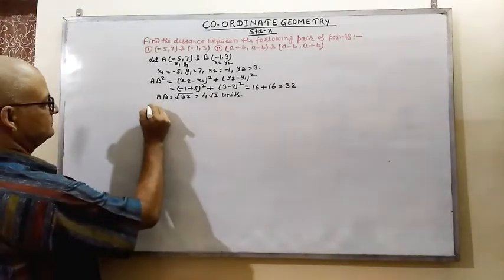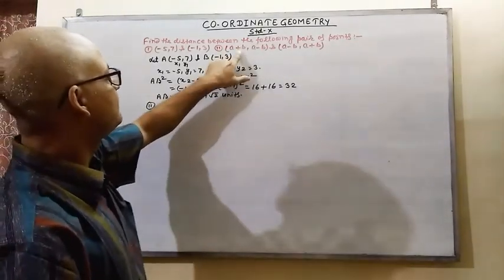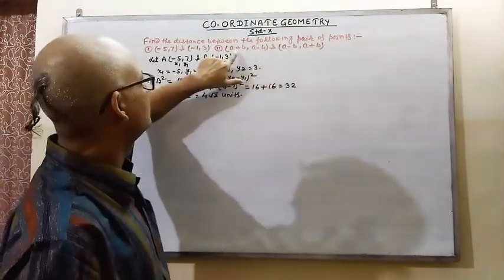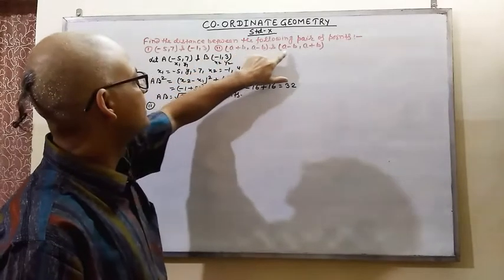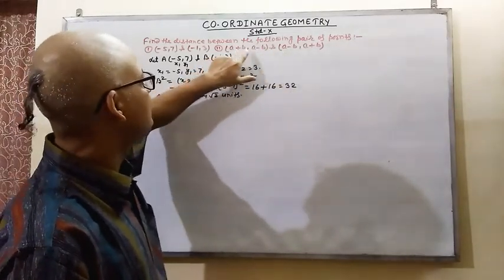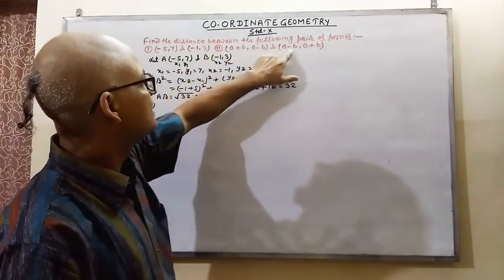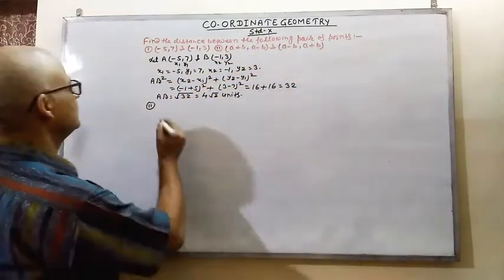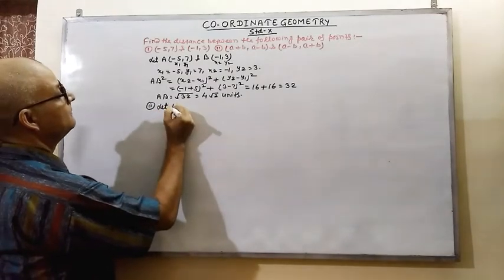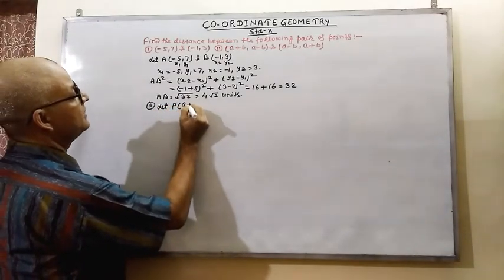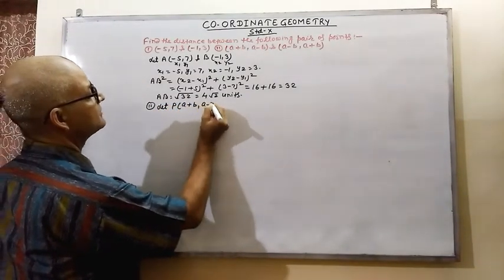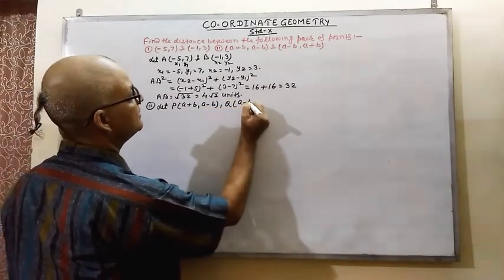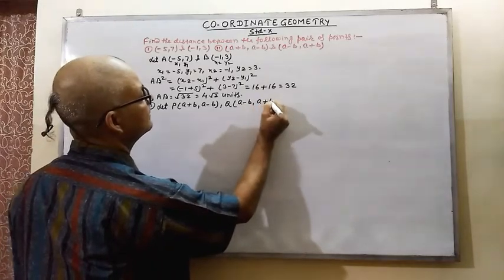Second example, a plus b, a minus b, and a minus b, a plus b. Here also the name of the coordinate is not given. So first we will suppose them to be P and Q. So let P be a plus b, a minus b, and Q be a minus b, a plus b.